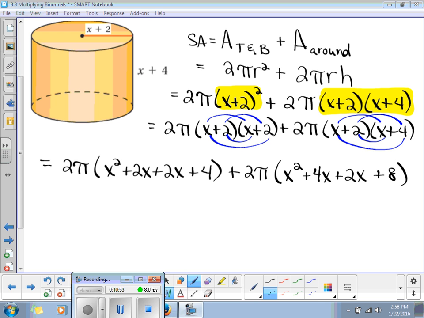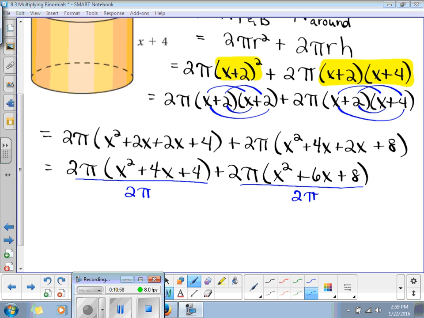And now I'm going to go ahead and combine my like terms. Here we have a 2 pi in common, so we're going to factor it out. When we factor out the 2 pi, it goes on the outside of the parentheses.